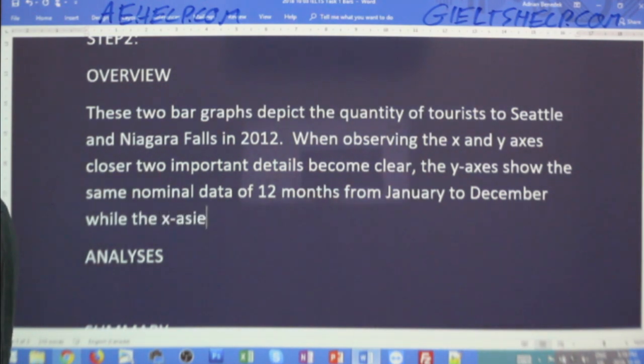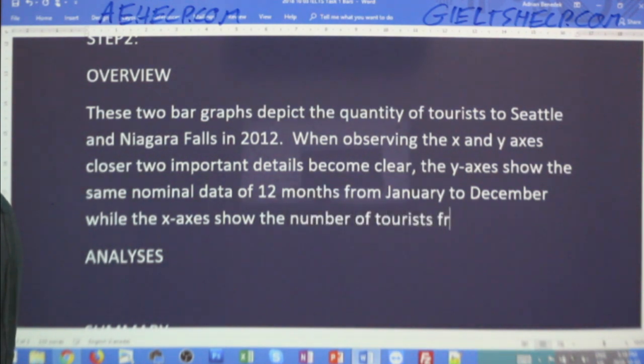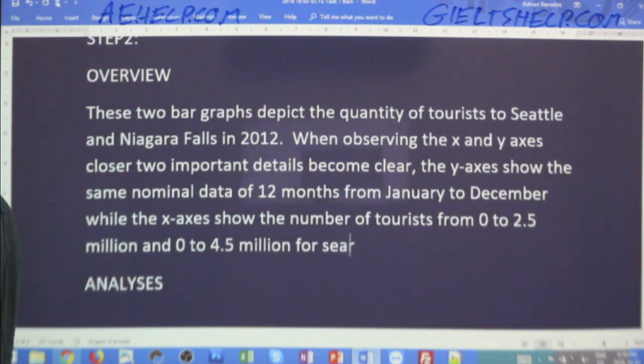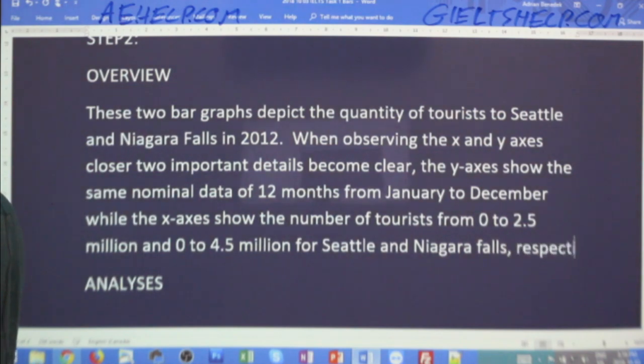x-axes show the number of tourists from 0 to 2.5 million, and 0 to 4.5 million for Seattle and Niagara Falls, respectively.